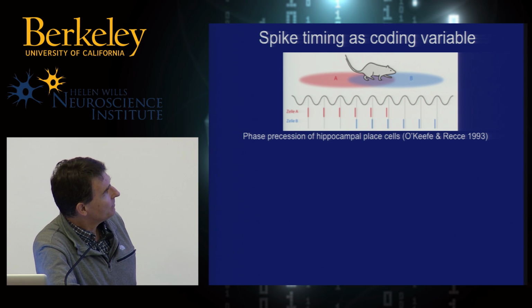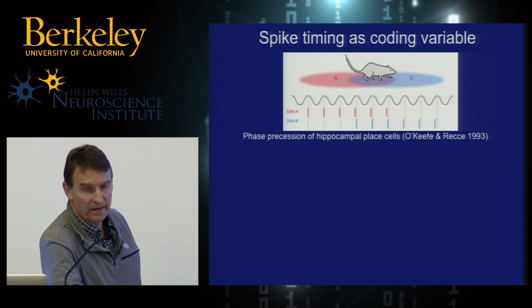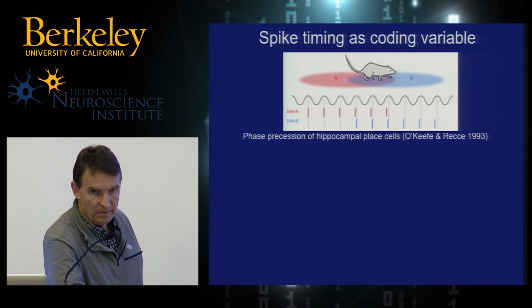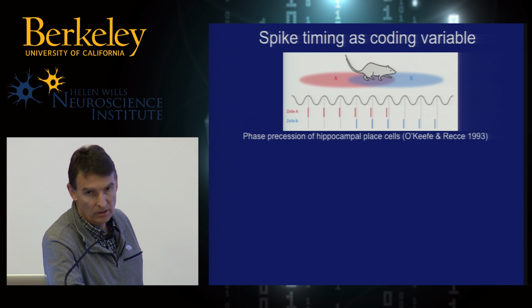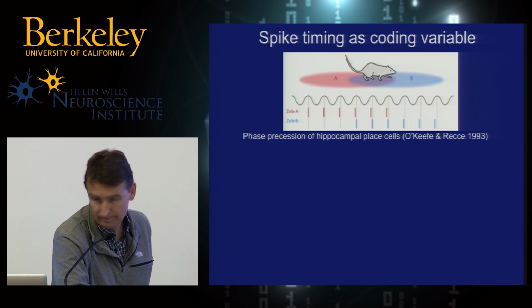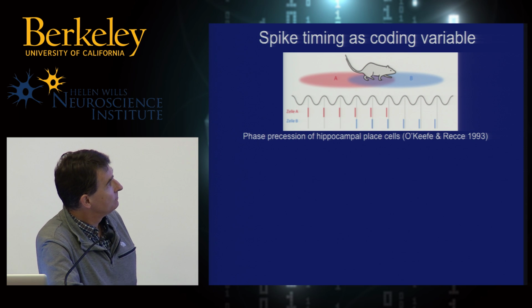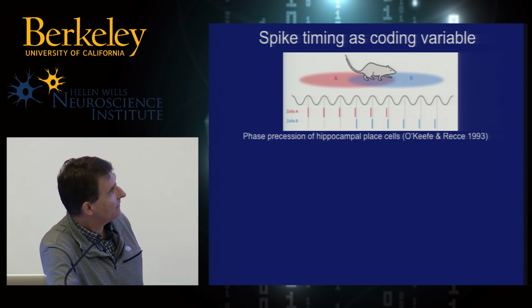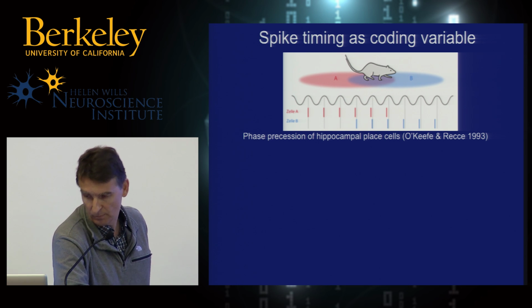It's maybe a small effect here, but this relative phase turns out to tell you where in the place field the animal is, and that's called phase precession, discovered by O'Keefe and Recce. So here we have a situation where this relative phase becomes important.